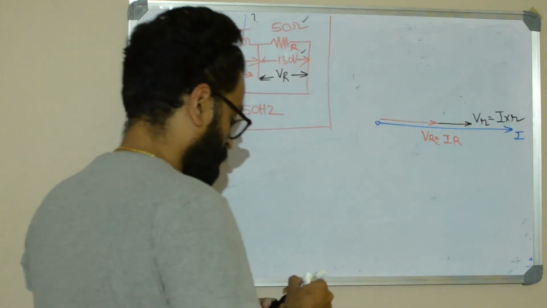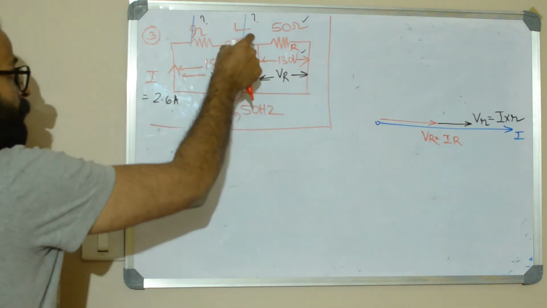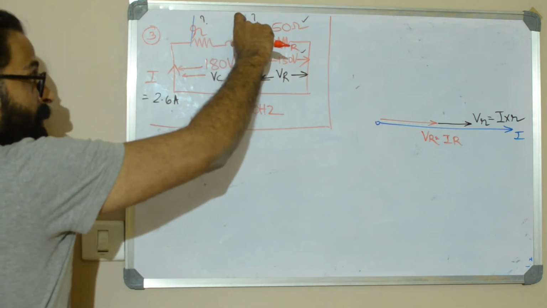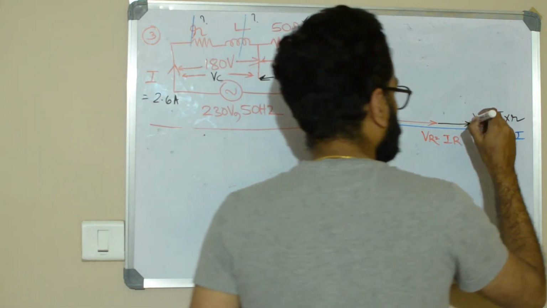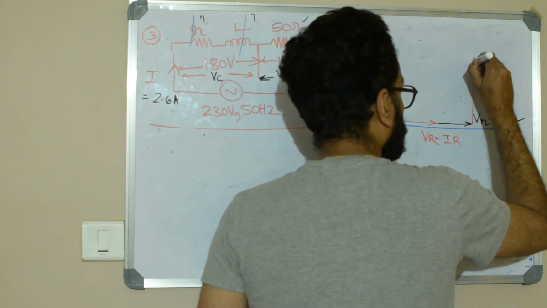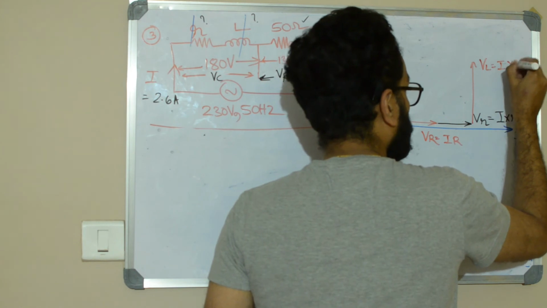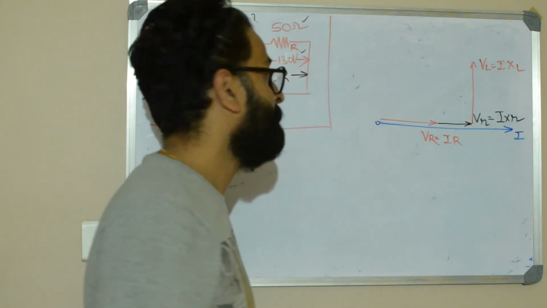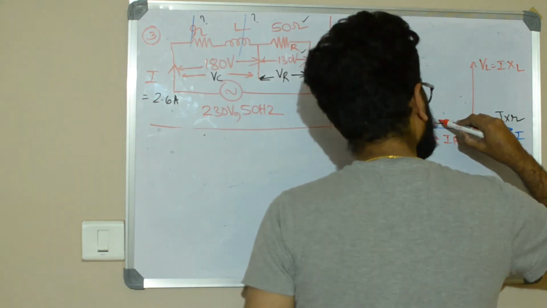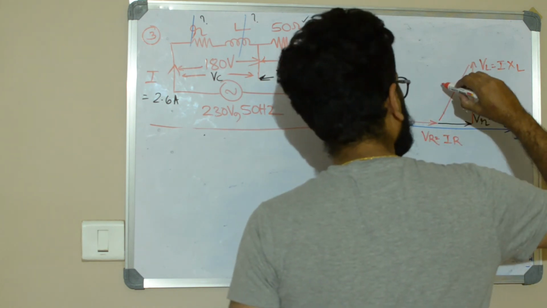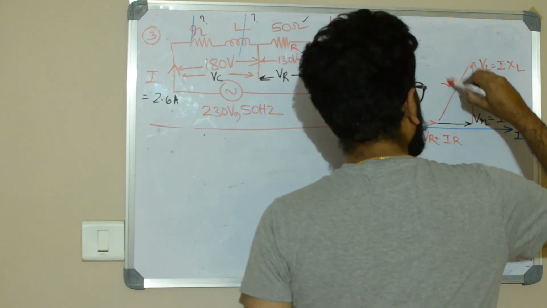And then we have drop across the inductive element, which we will take as VL, where VL is equal to I into XL, and then we have the resultant, which we can take as VC.